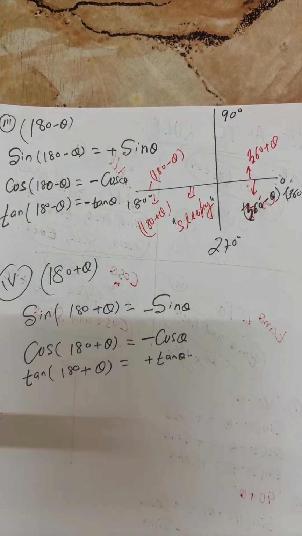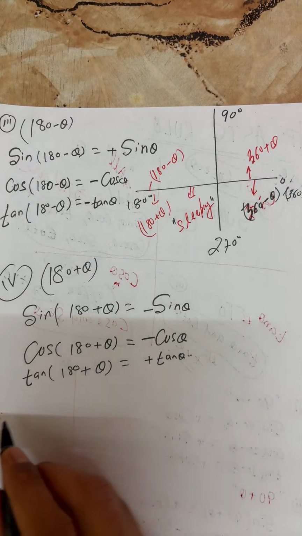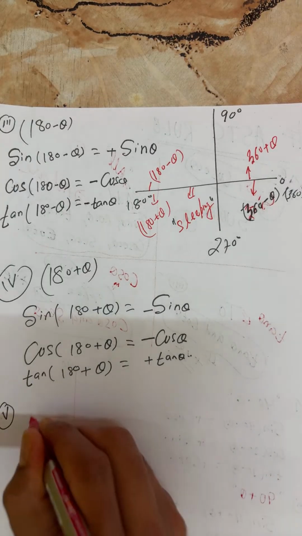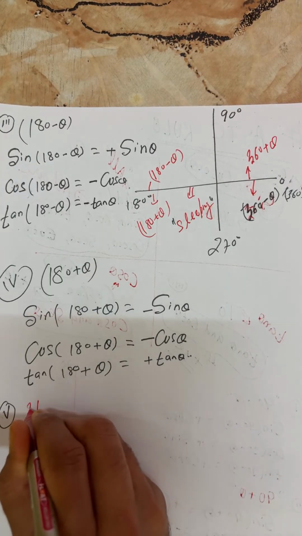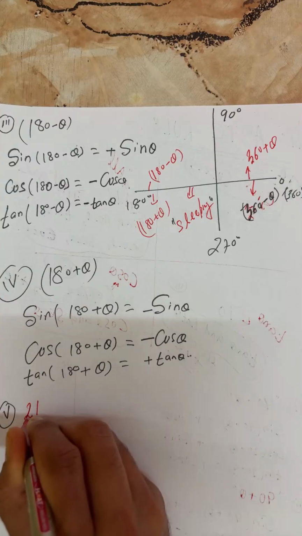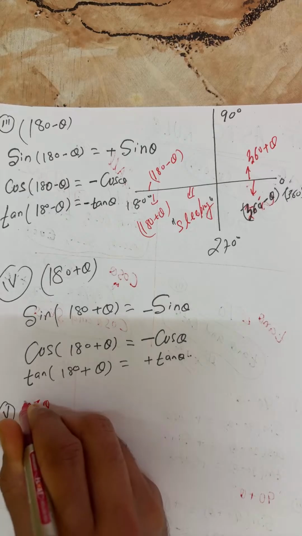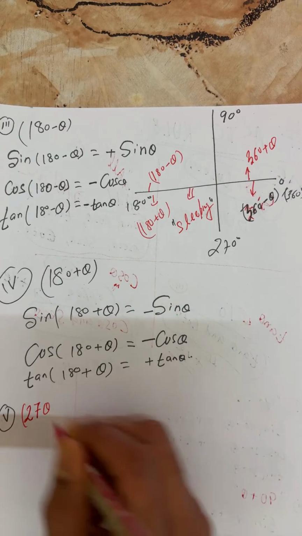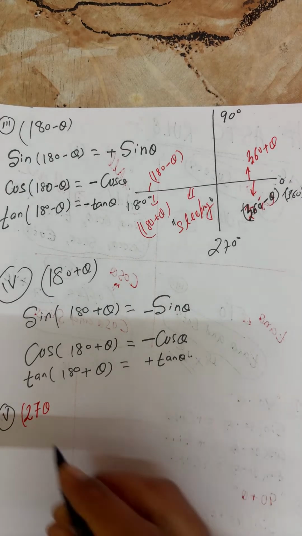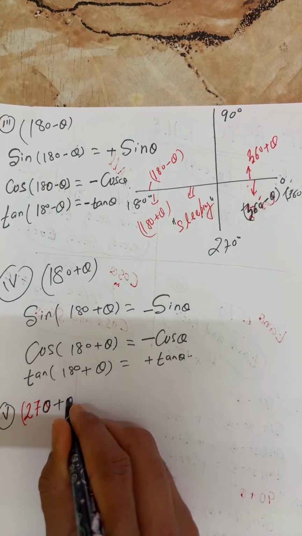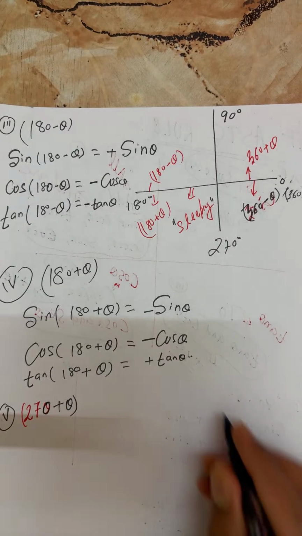Okay, now students, next one here. Fifth one: 270 plus theta.